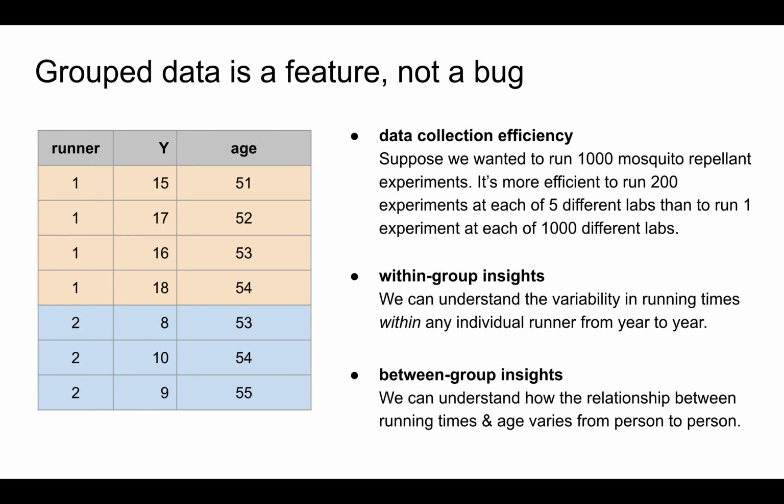Finally, grouped data provides between-group insights, that is, insights into the variability or comparisons between different groups. By observing each runner across the span of several years, again, not only do we get a sense of the general relationship between running time and age, but the degree to which this relationship might vary from person to person.